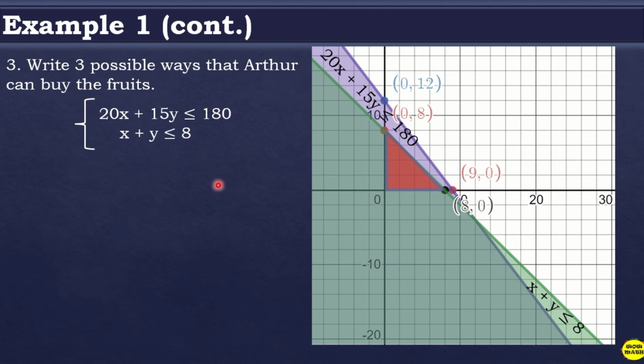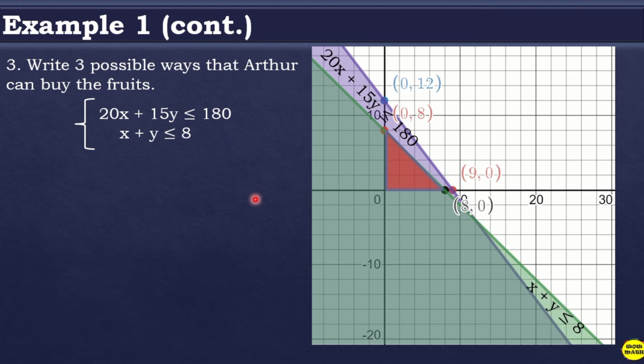Kasi wala namang bibili ka ng negative 2 na mangga, negative 3 na guava, 'di ba? So, wala pong ganun. So, dapat positive lang po ang value natin. Okay? O, eto po lahat ay solutions nito. Ulitin ko ha. Eto pong darker shades ay solution po nitong system. Pero based dun sa question, since ang hinihingi nga lang po ay bilang, dito lang po tayo kukuha.